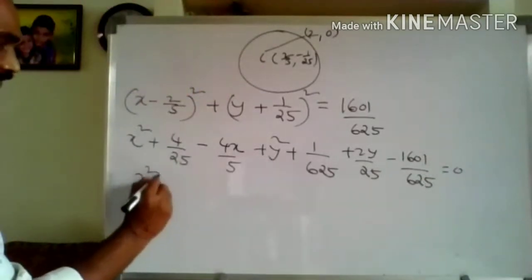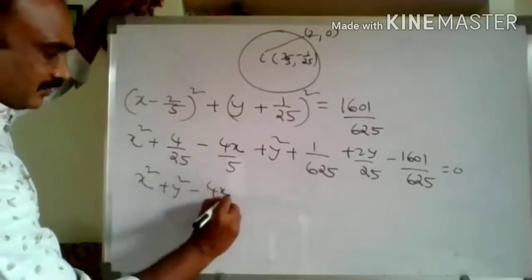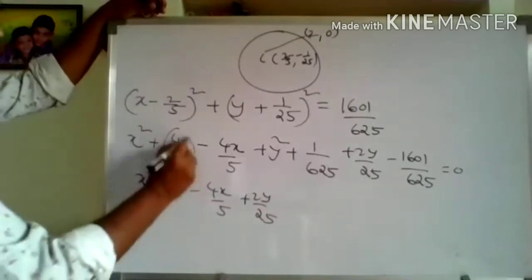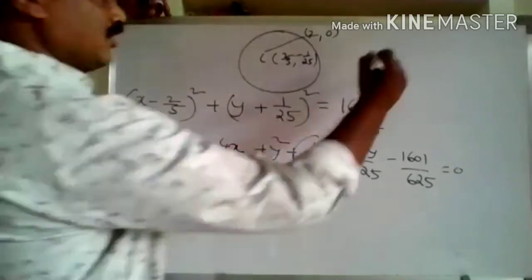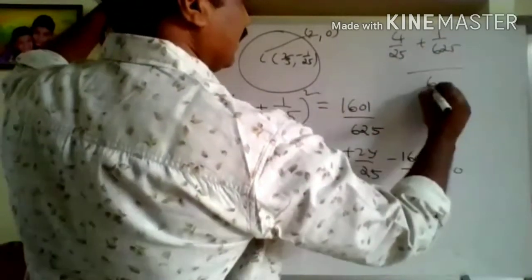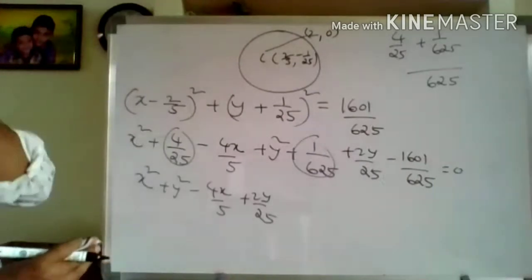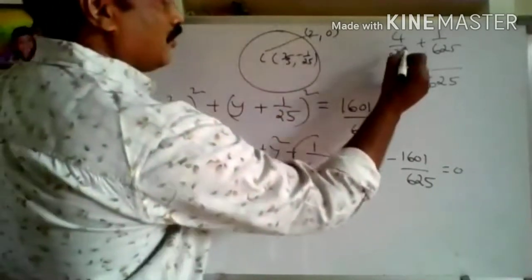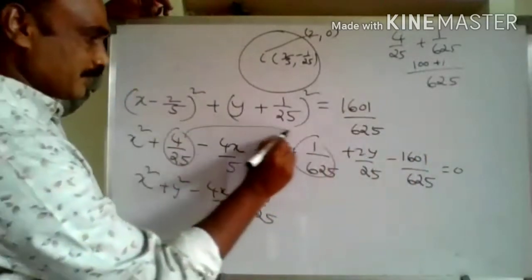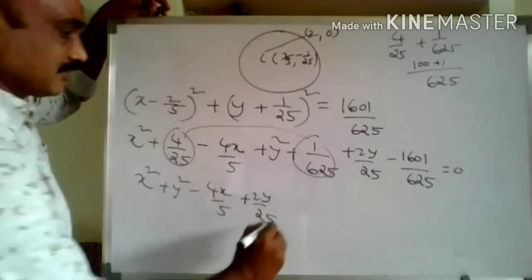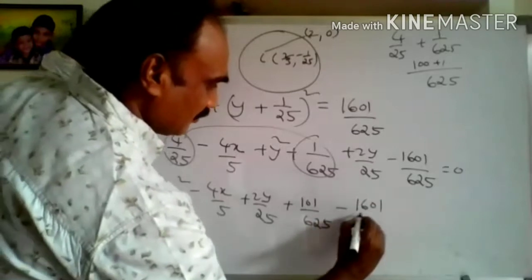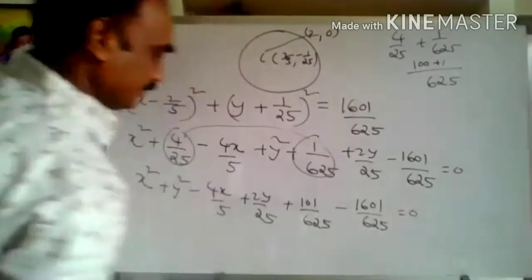So x square plus y square minus 4x/5 plus 2y/25, and 4/25 plus 1/625. The LCM is 625. Here 4 into 25 is 100, 100 plus 1, so simplify these two: 101/625 minus 1601/625 is equal to 0.